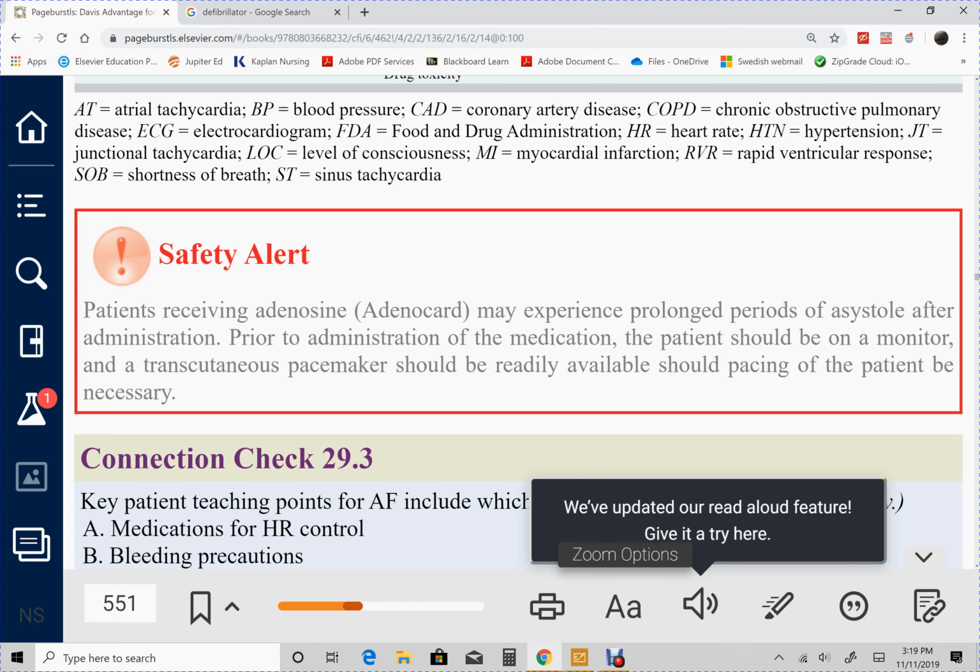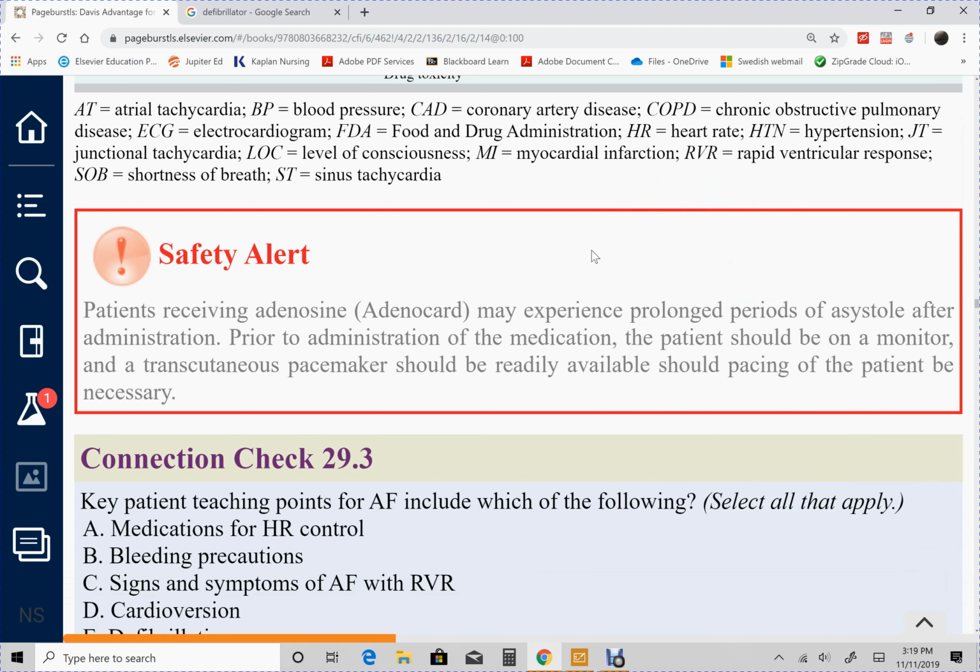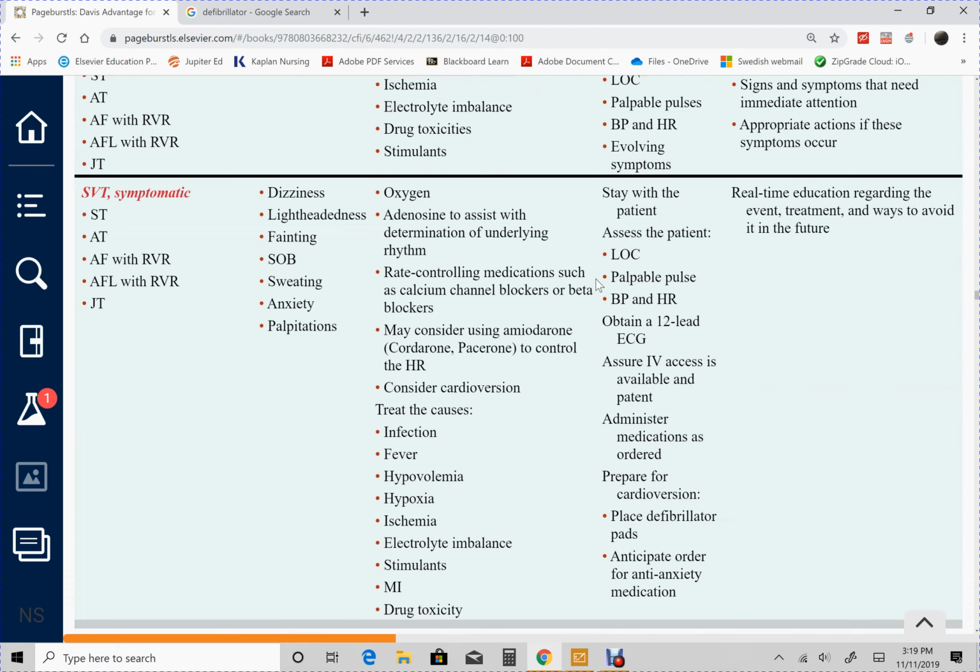Of course, this will not eliminate the need for CPR as well, because the patient is in asystole. But a short period of asystole is expected when you administer the medication. However, if it becomes prolonged, that's why we have emergency equipment available at the bedside when we give this medication.